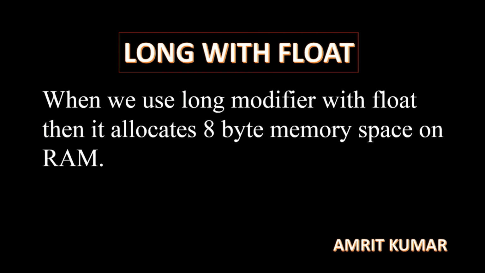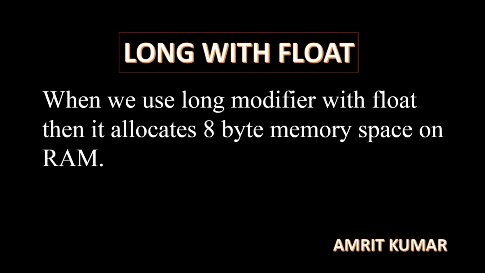When we use the long modifier with the float, where float is the data type and long is the modifier, it allocates 8 bytes of memory space on the RAM. So when we use the long modifier, its area is going to be wider as compared to what we studied about short. Its area becomes larger.